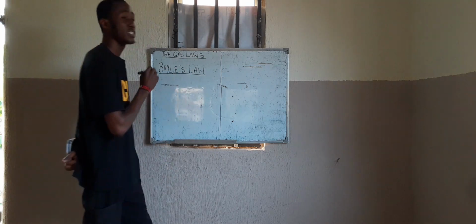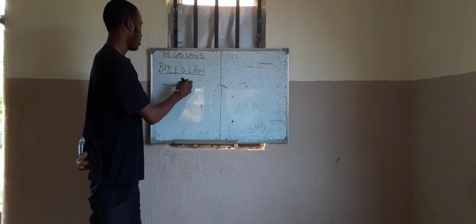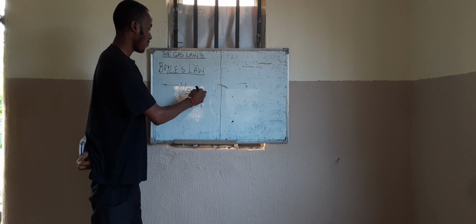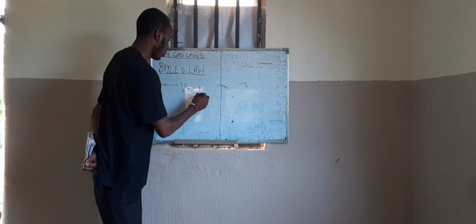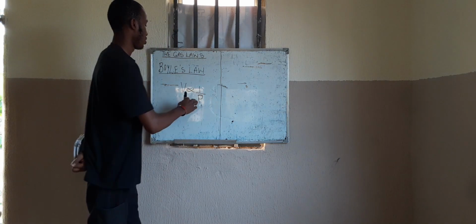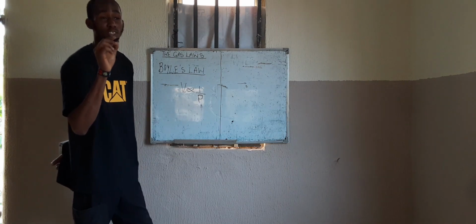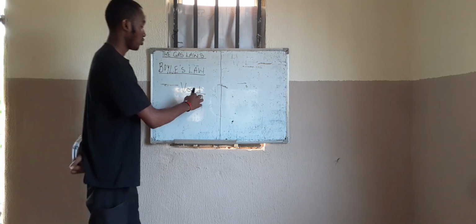Okay, so this is the mathematical representation of that law. V is inversely proportional to pressure. Whenever you have inverse, it's inversely proportional. So when the temperature is constant, volume is inversely proportional to the pressure.